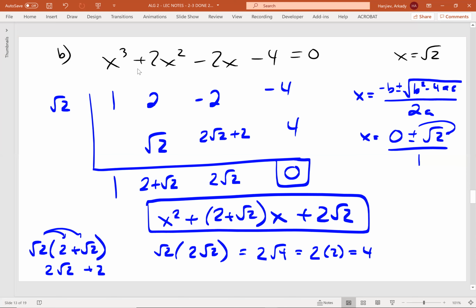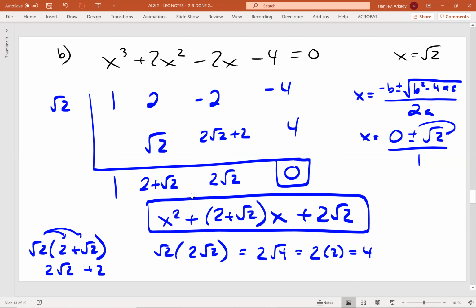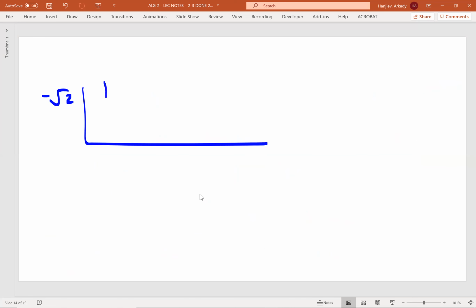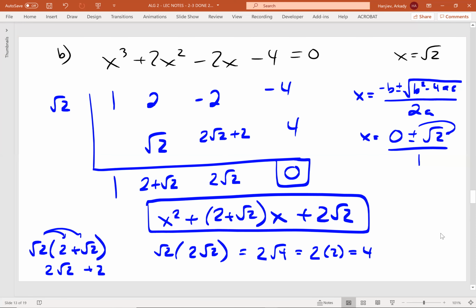There's also a negative square root of 2 as an answer. So let's do this again real quick. How about negative square root of 2? And what are my numbers? They're just crazy now. b squared minus 4ac.